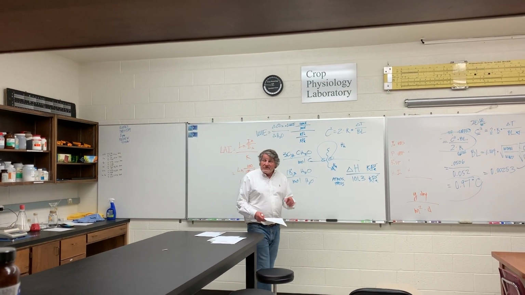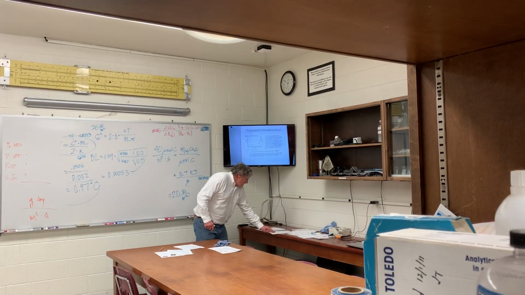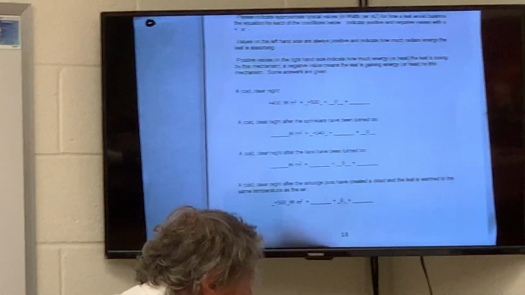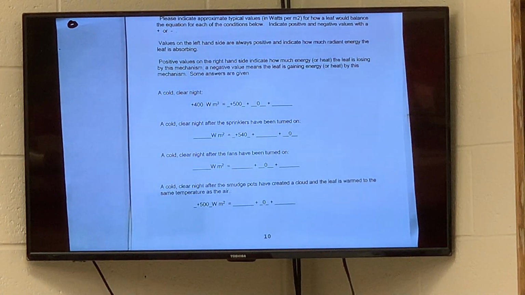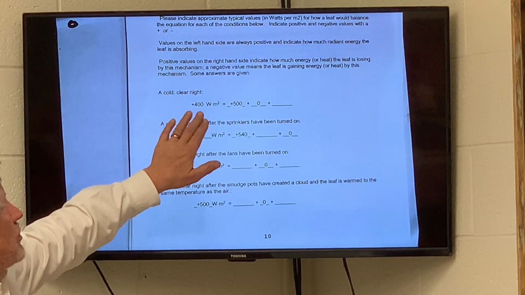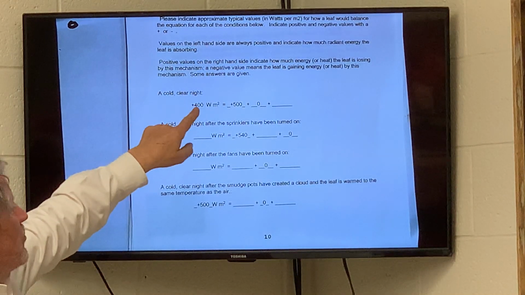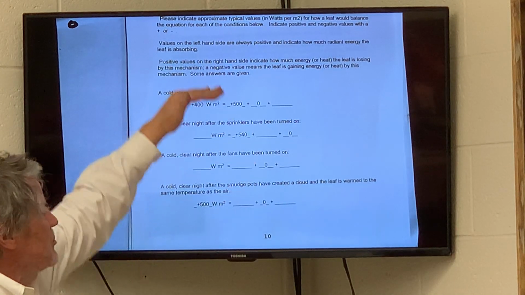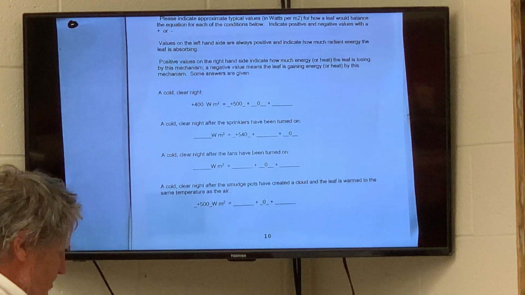The very last question is here, and I think what I'll do is put this right here, because we can work this out with a pencil instead of trying to put it on the board. This is a cold, clear night, and here are our parameters for radiation absorbed, radiation emitted, transpiration, conduction, and convection. They're not explicitly written on here, but they're given above.